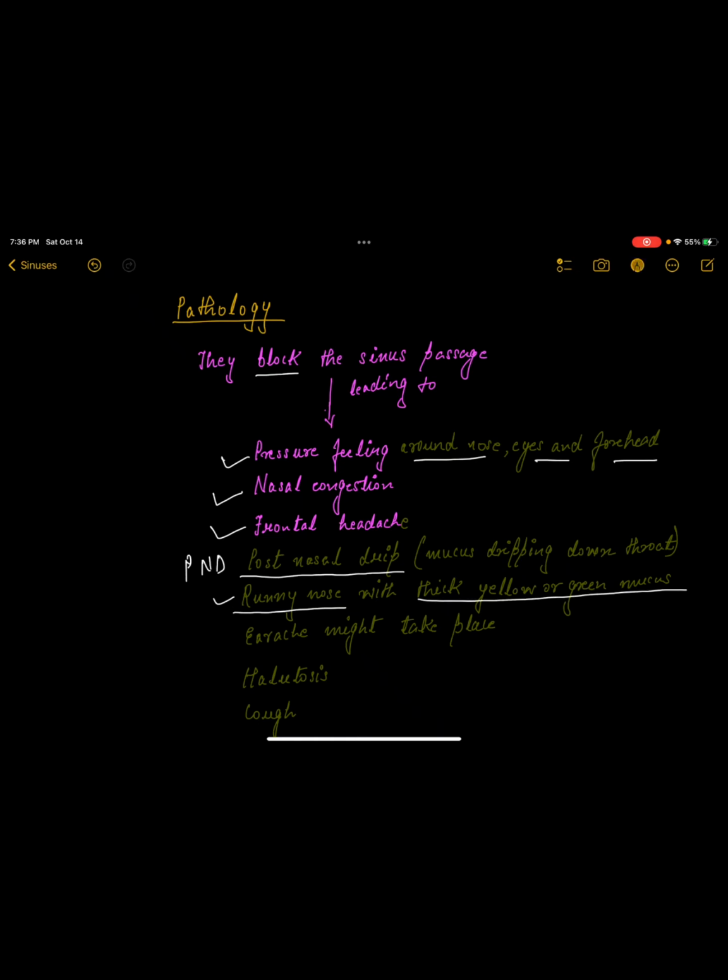And earache: if the patient has sphenoidal sinusitis or maxillary sinusitis, the patient will develop earache. And halitosis and cough. Halitosis means foul smell from the mouth.